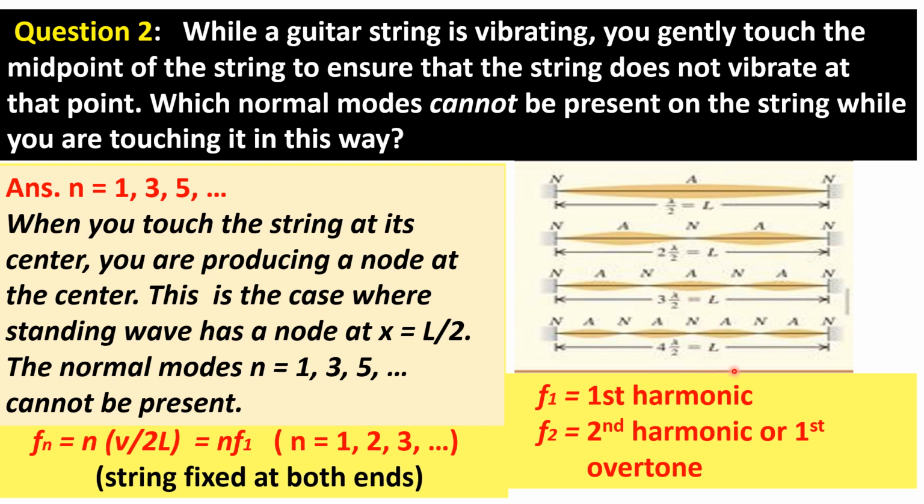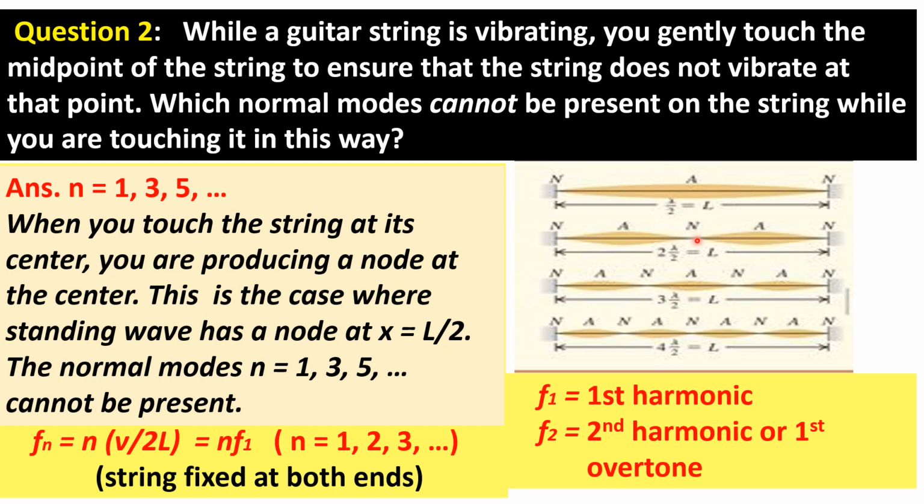Okay? And if we have a fourth case, where again the antinode is the one in the middle. Okay? I hope you are not confused because the question is looking for the normal modes that cannot be present on the string when you touch the vibrating string at the very center. All right?